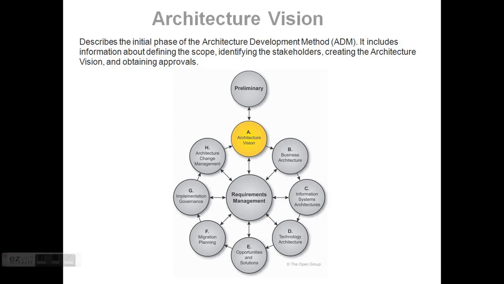In other words, scoping issues addressed in the architecture vision phase will be restricted to specific objectives for this cycle and will be constrained within the overall scope definition for architectural activities as established within the preliminary phase and embodied within the architecture framework.